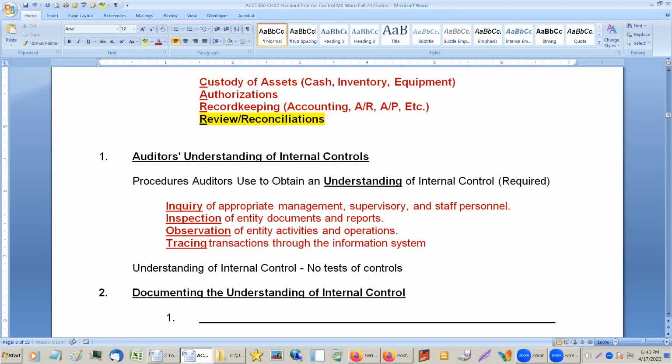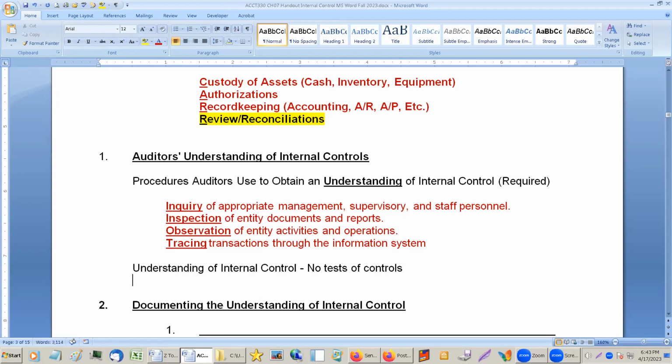So understanding internal control, you don't need to do any testing of internal controls. Okay, let me read these all.